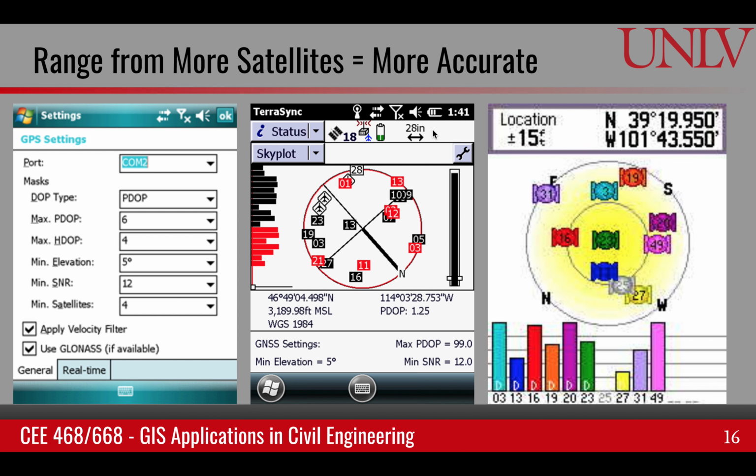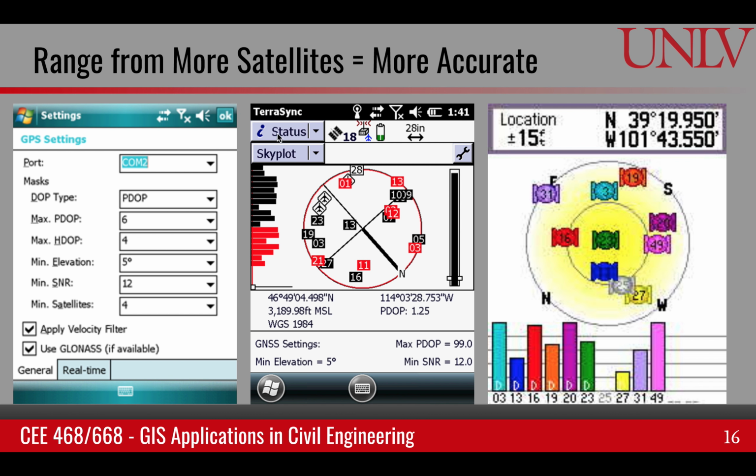It even tells us that our accuracy right now is within 28 inches, which is pretty good, a couple of feet. If we go over here, it says plus minus 15 feet. So in some way you will see a measure of accuracy, which is related to how many satellites are being used to calculate that position.